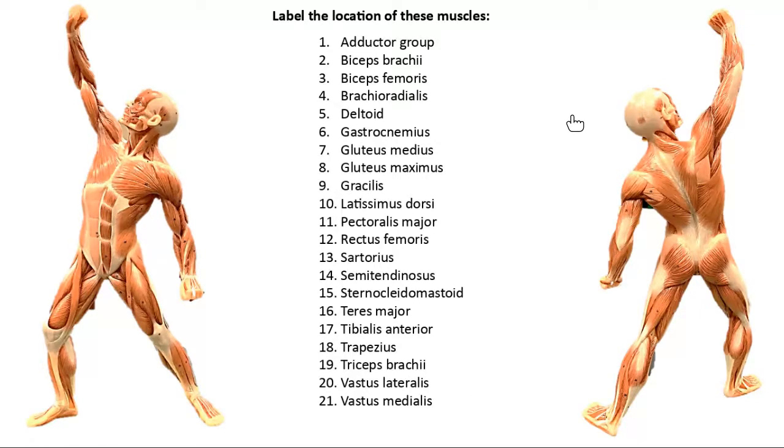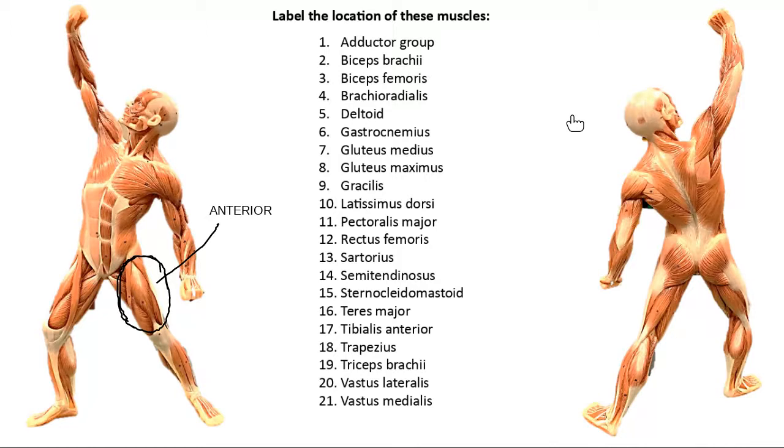So check this out. I've got a group of muscles over here that are all on the front side of the thigh. These are all anterior thigh. When I talk about muscles that live on the anterior thigh, all of these muscles, did they flex or extend the femur?